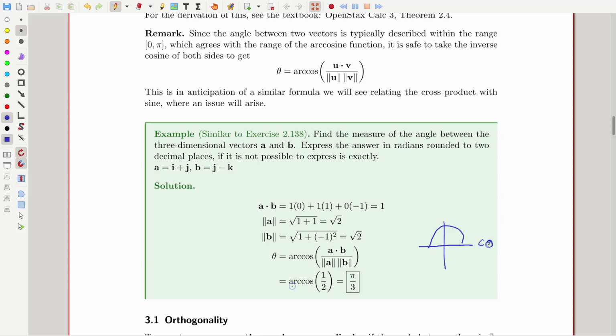If we think about cosine, cosine corresponds to the x-coordinate on our unit circle. So inverse cosine of 1/2 is asking what angle does cosine return the value 1/2. So maybe you would write it like this: cosine of what angle is equal to 1/2.